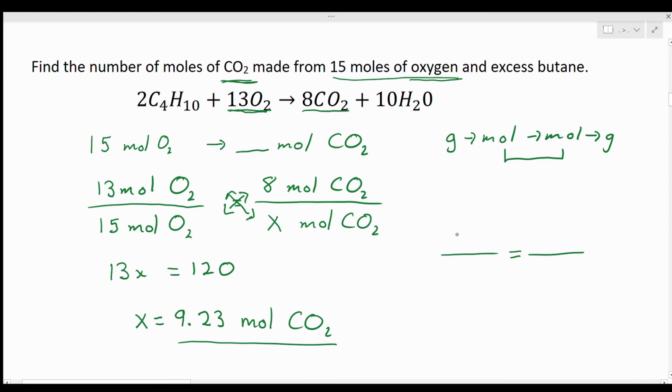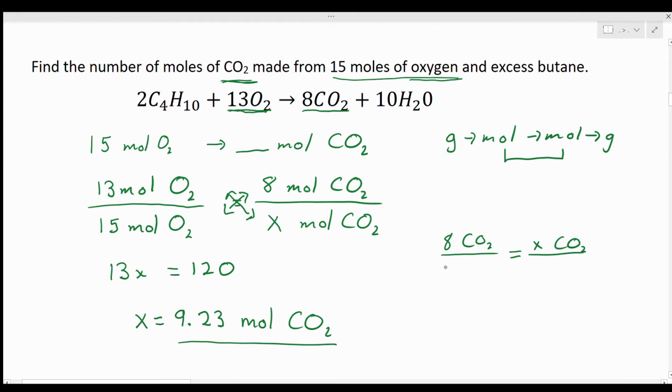Another way you can write this is that you can keep everything on the top. So if you want carbon dioxide on the top, then you just keep it on the top, like this. We had 8 moles of CO2, and then we have x moles of CO2. And then you would just keep that aligned. So in this case, on the left side, you're using what you know, which means you need to keep what you know on the left side.